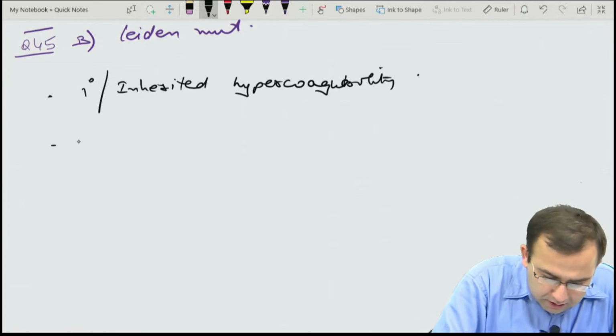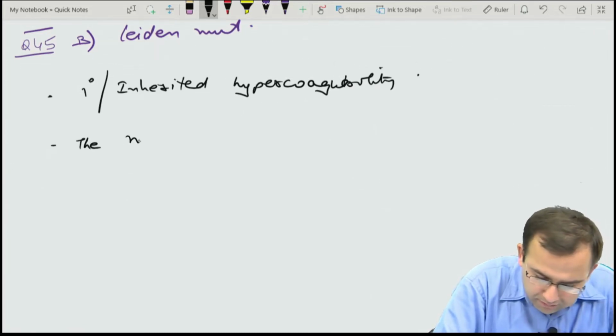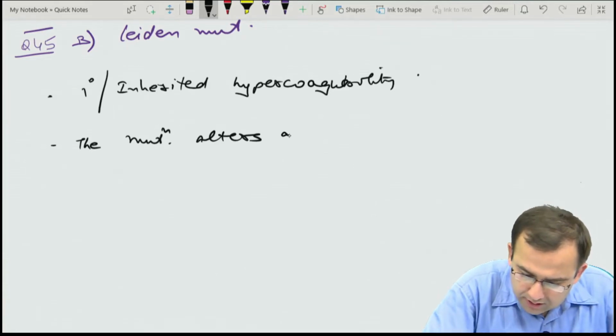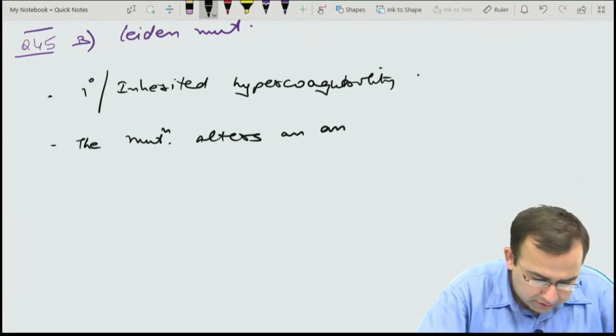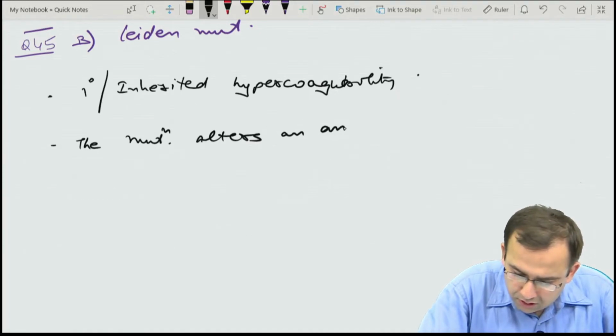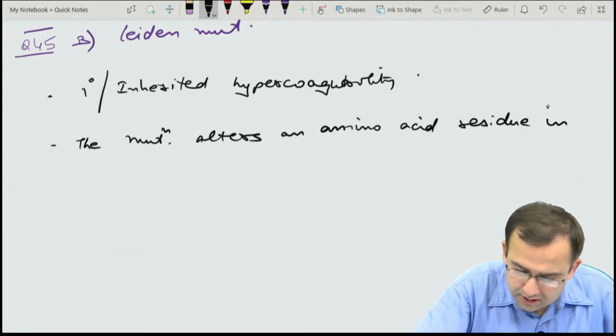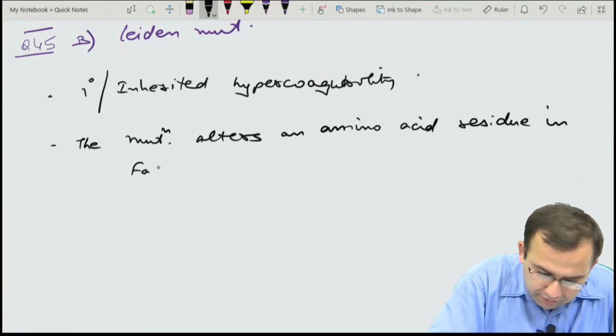The mutation alters an amino acid residue in factor 5.